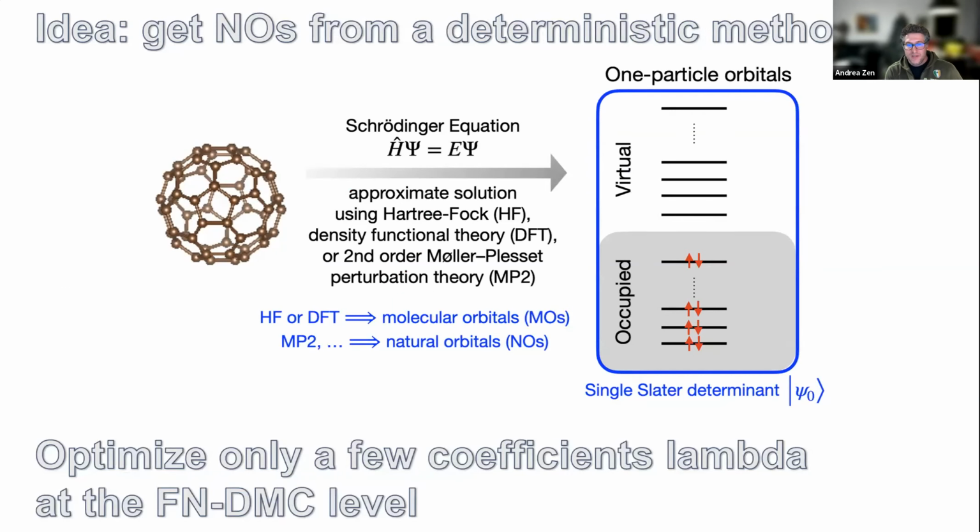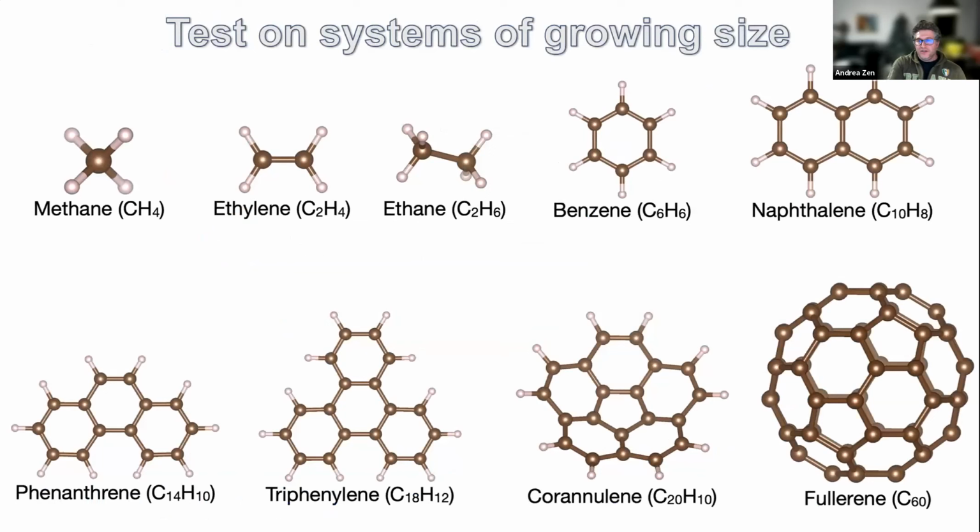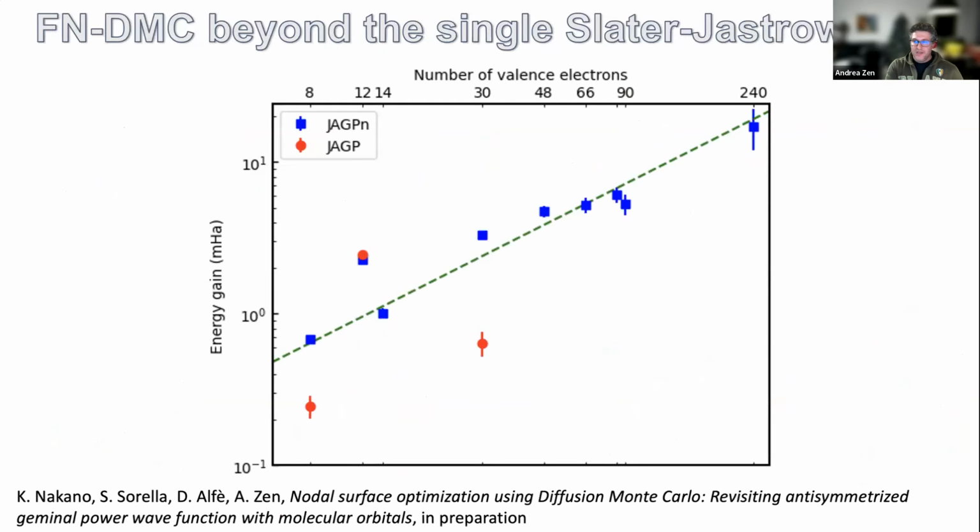What we did then was to realize that we need good virtual orbitals. So instead of using molecular orbitals, we used natural orbitals obtained from MP2 calculations. We considered a set of molecules, mostly of carbon, of increasing size, and applied our scheme and obtained these energies, which show the energy gain with respect to the single Slater determinant.